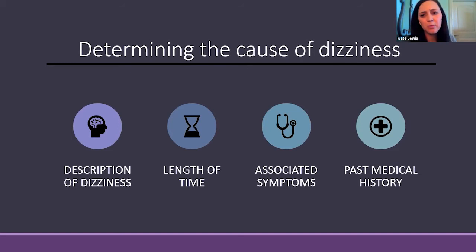Things that are helpful in narrowing it down are the description of the dizziness, the length of time that you experience the dizziness, and that's a big one, that's going to be the theme of what I'm talking about. Also symptoms associated with the dizziness, such as imbalance, fogginess, cognitive impairments, and then past medical history.